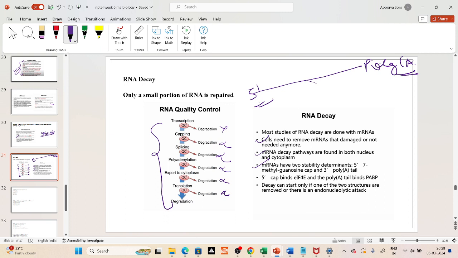Or if there is an endonucleolytic attack on the mRNA, the system will know that this RNA has to be decayed. So the two determinants, 5 prime capping and poly A tailing, determine the stability of RNA. If either of them is removed, the RNA is prone to decay. Or if there is any endonucleolytic attack, that also tells that the RNA is prone to decay.